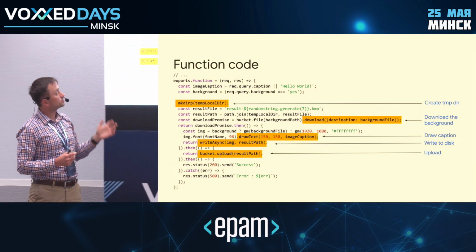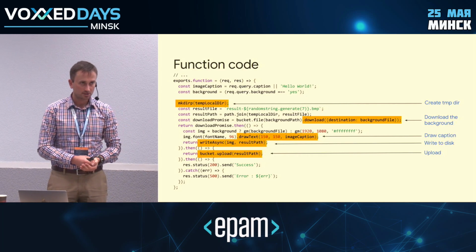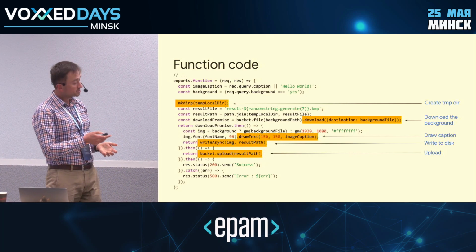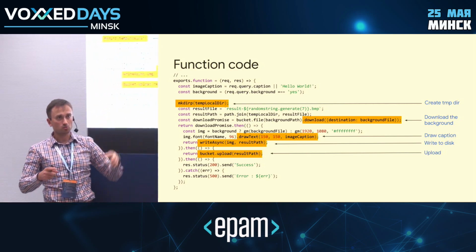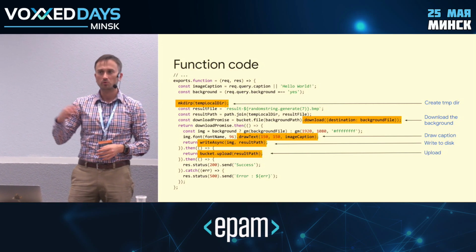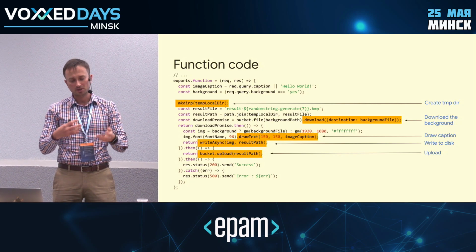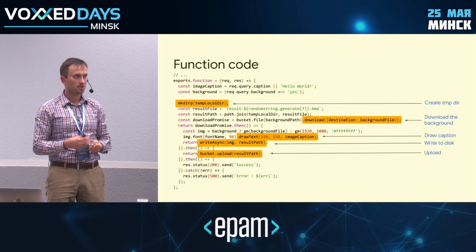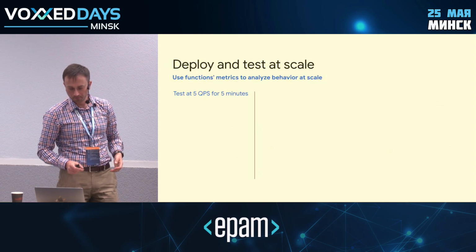We use ImageMagick to draw the caption, and we write the result to local disk. The result file name is created here as a random string, so once we upload it to cloud storage, we will not overwrite the previous results. So every time we create a new random name for the result. Very simple. Let's see how it works.